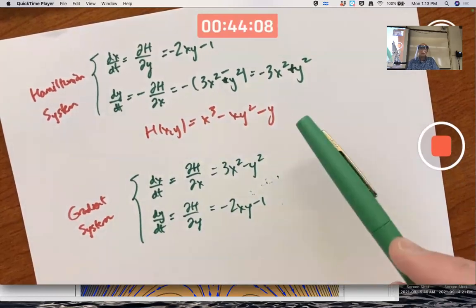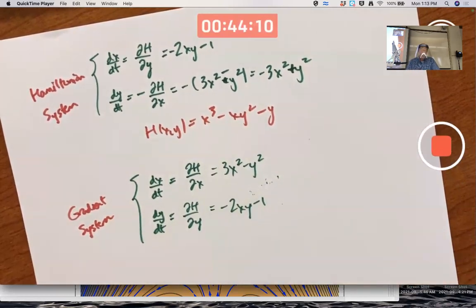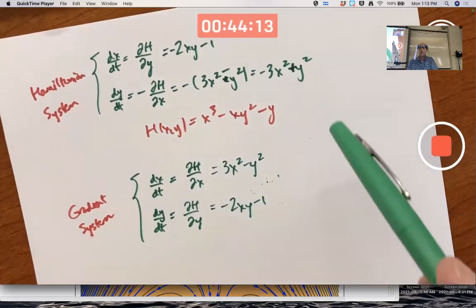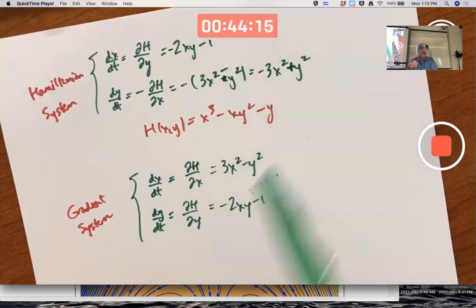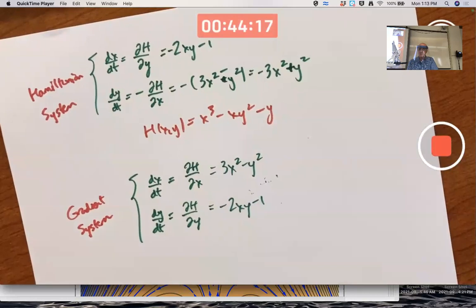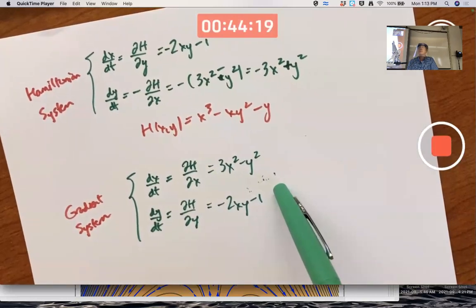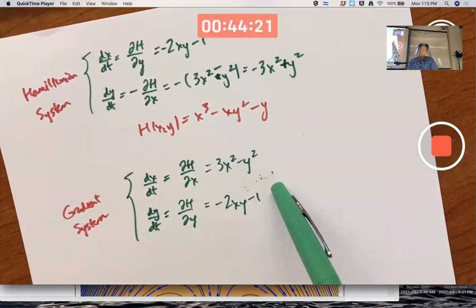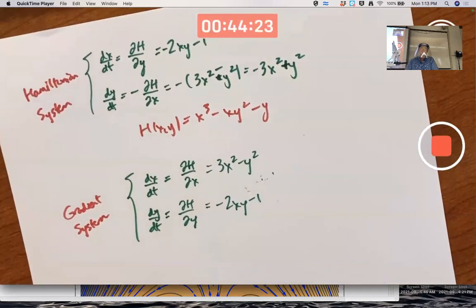The level curves of H still tell you useful information for the gradient system. Whereas for the Hamiltonian system, the solutions are on top of the level curves. For the gradient system, the solutions are perpendicular to them. Orthogonal, normal.